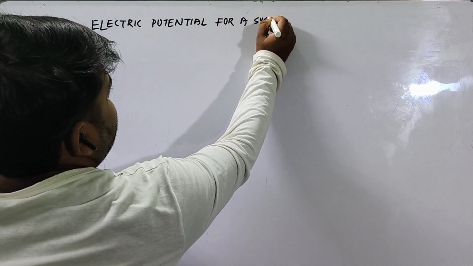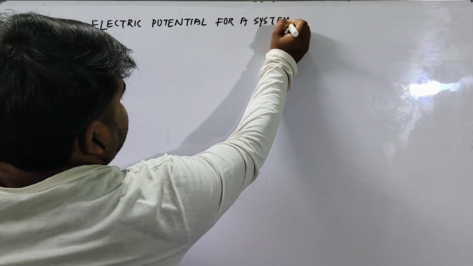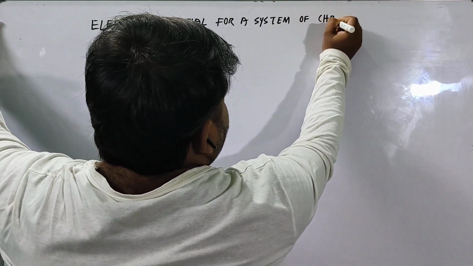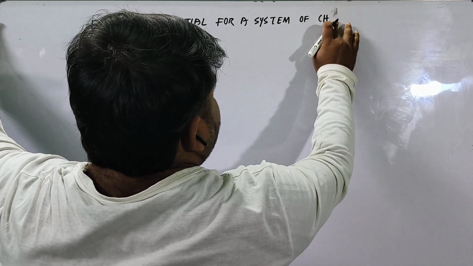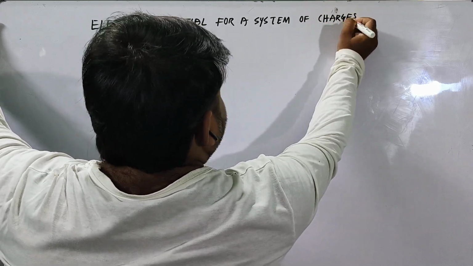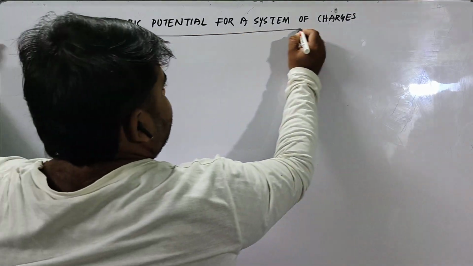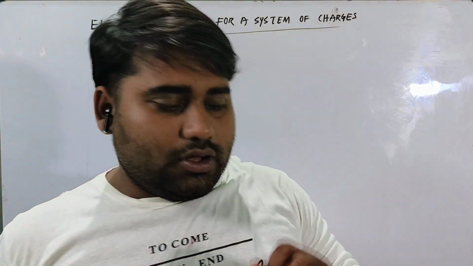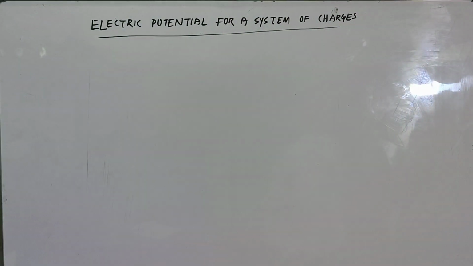Today's lecture will be short somehow. You have been given a system which consists of numerous charges. That means you don't exactly know the number of charges in that given system.